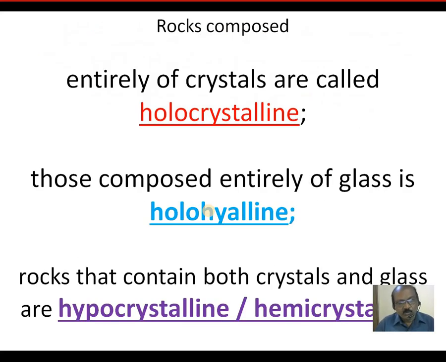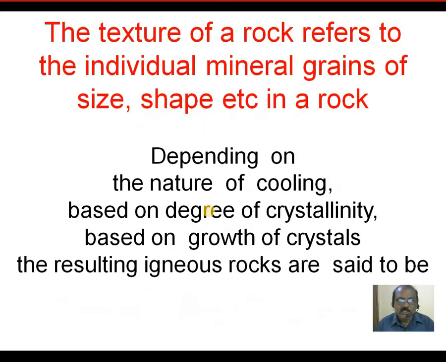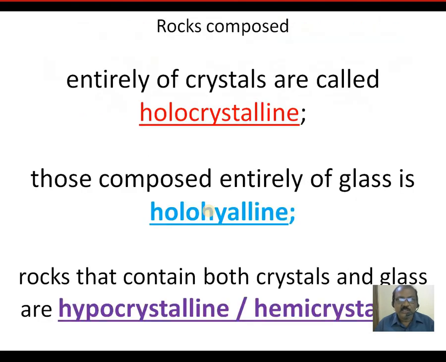holocrystalline, holohyaline, hypocrystalline. Please note this: depending on the nature of cooling of magma or lava and the degree of crystallinity and growth of crystals, whatever rocks result, those igneous rocks are said to be holocrystalline, holohyaline, hypocrystalline or hemicrystalline.